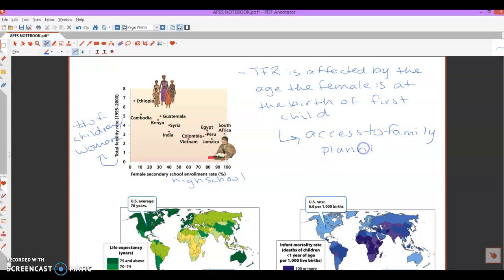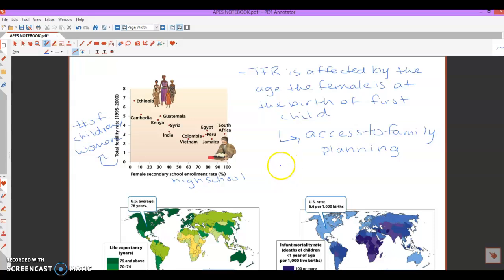And in developed countries, such as the United States, we have access to family planning. So that is why we have a lower fertility rate than locations like Ethiopia, Cambodia, Kenya, etc. They do not have ready access to family planning.